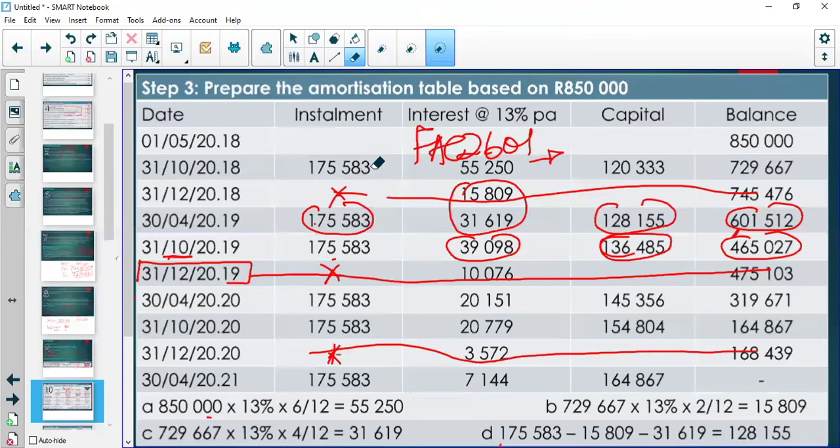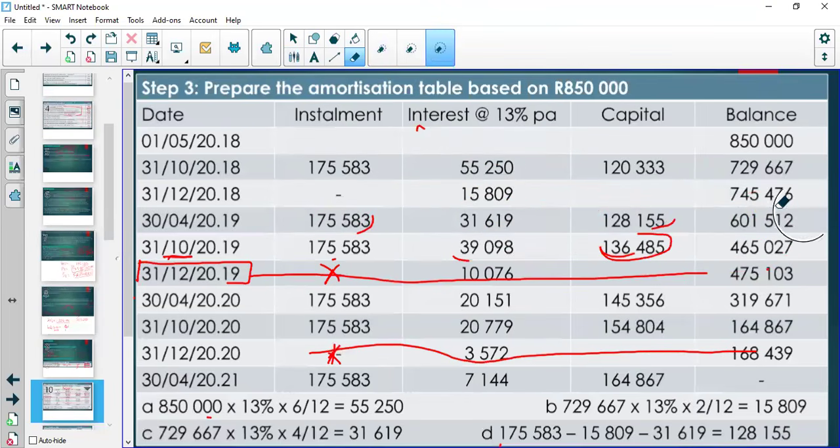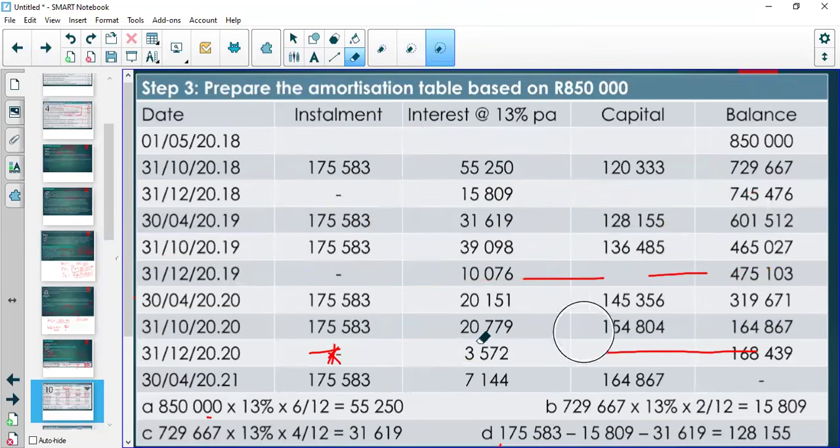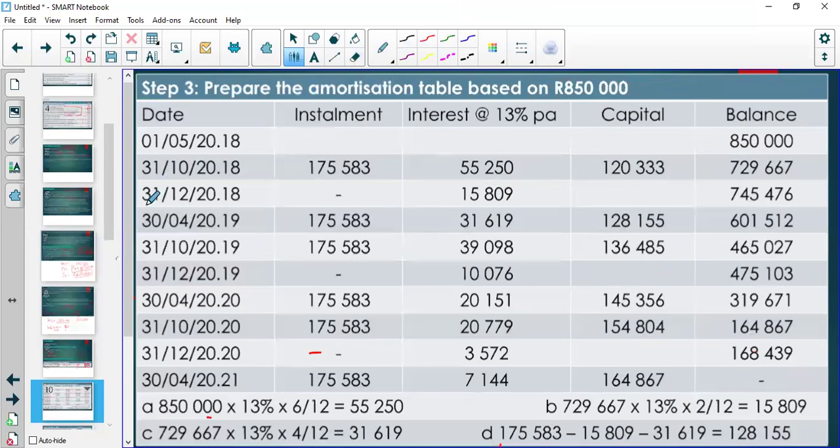Right, then when you prepare your statement of profit or loss for the year ended 31 December 2018, your interest will be these 2 amounts combined. It will be 55,250 plus 15,809.